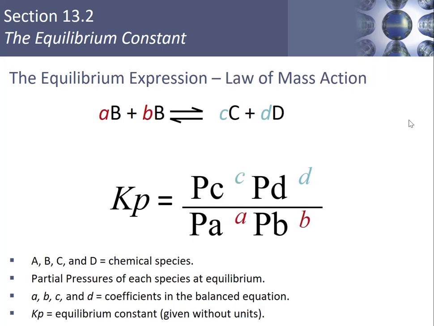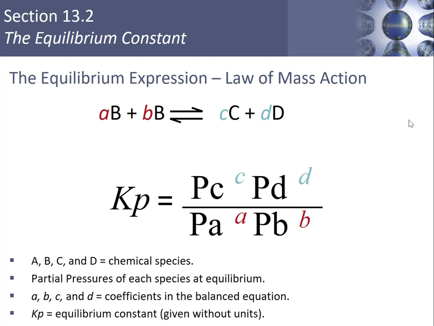So if we have a chemical reaction that is gases, we can not only talk about the concentration of those gases, we can actually talk about the partial pressures of each gas. So here we have what's called Kp.